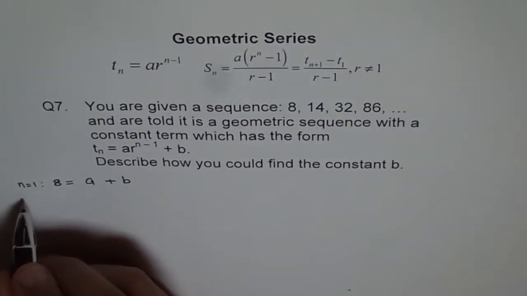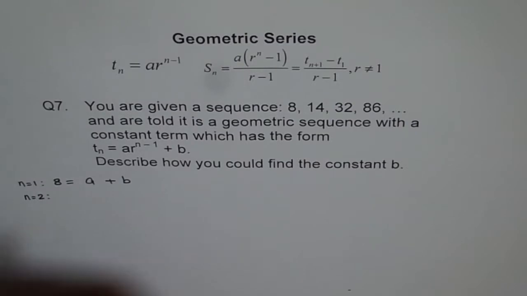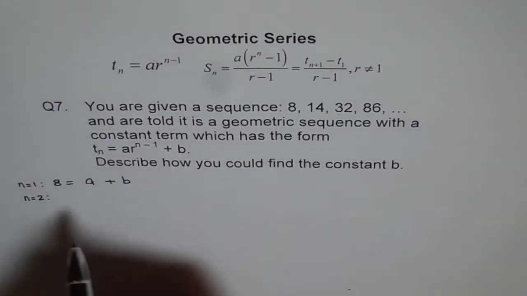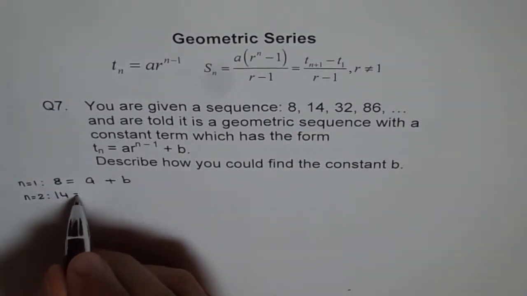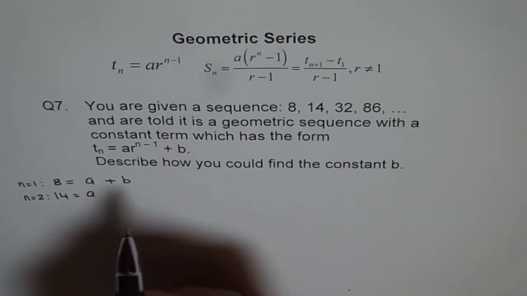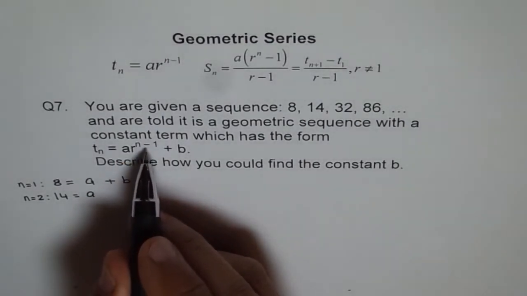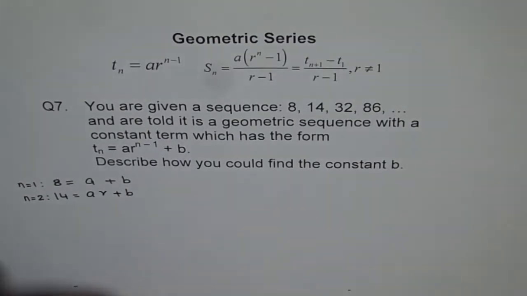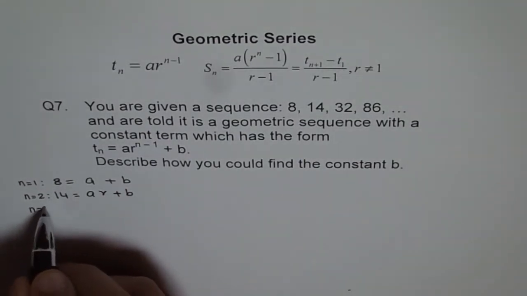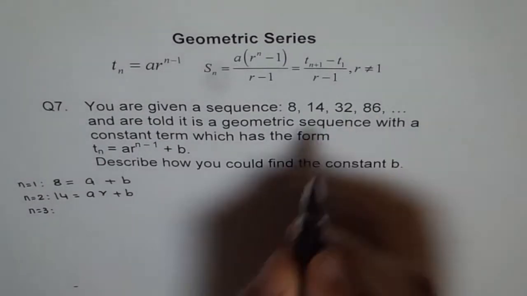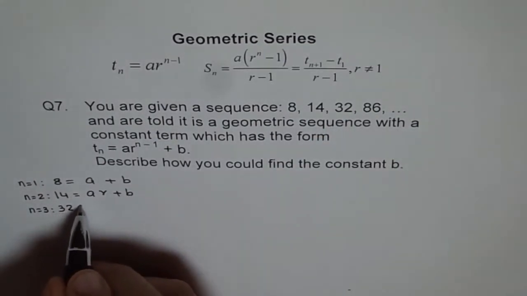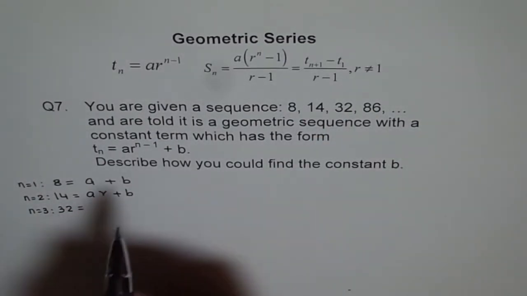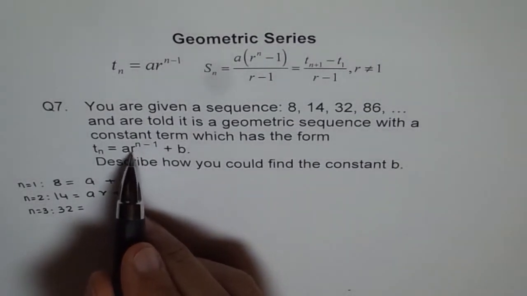Now the second one is when n is 2. So let's say n equals 2. In that case, the term is 14. That 14 equals a r to the power of 2 minus 1, that means a r plus b, correct? Now if n equals 3, then we get 32 equals, 3 minus 1 is 2, that means r squared.